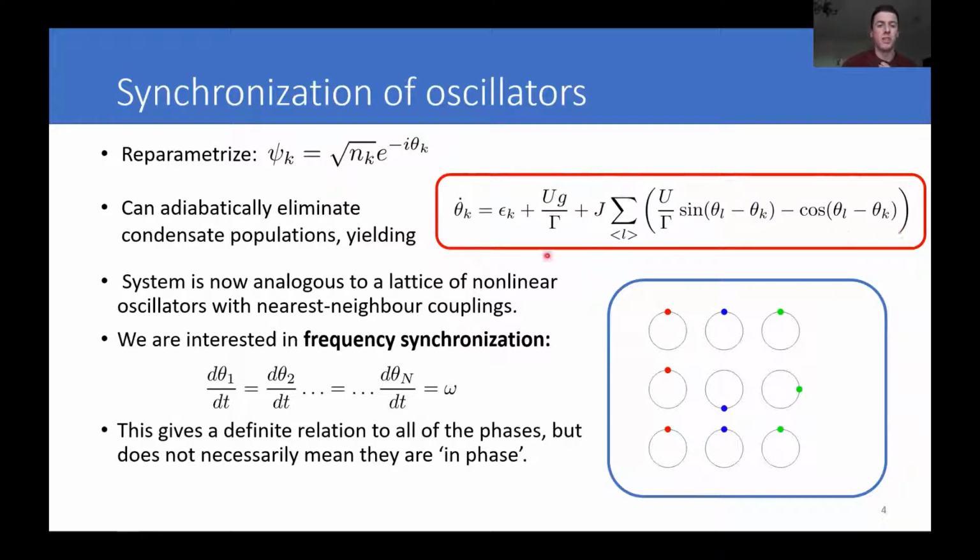So you can see we have an equation in terms of a phase at each site. And again, we have the onsite energies, which are blue shifted by interactions. And then this sum here is over nearest neighbors, and it shows that each site is coupled to its neighboring sites through these trigonometric functions of sine and cosine.